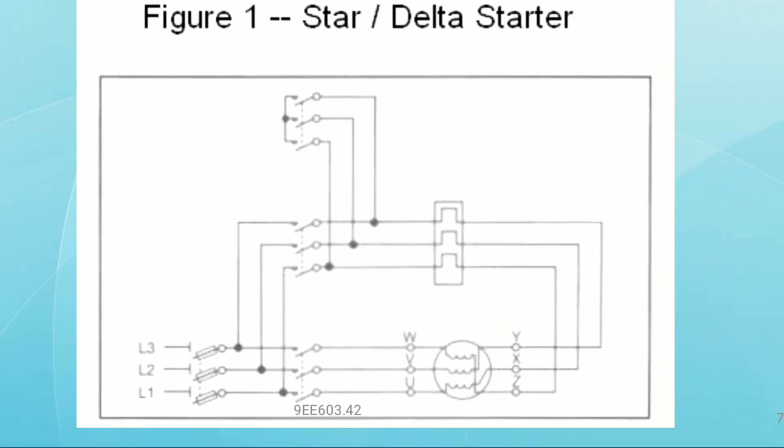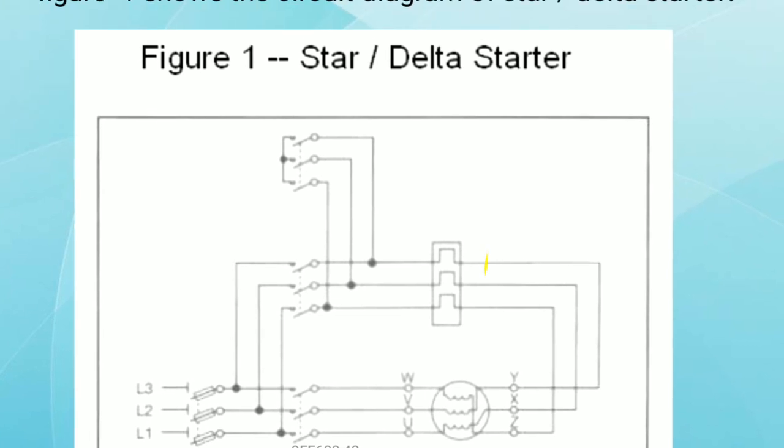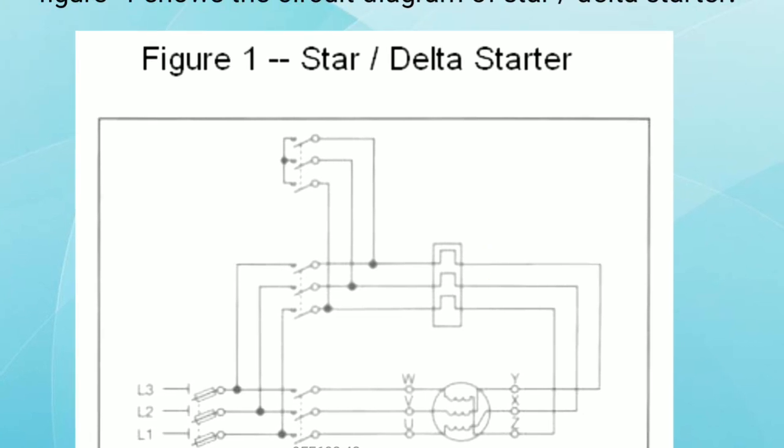This is the star delta starter. L1, L2, L3 supplies, and here the rotor, the terminals and buttons.